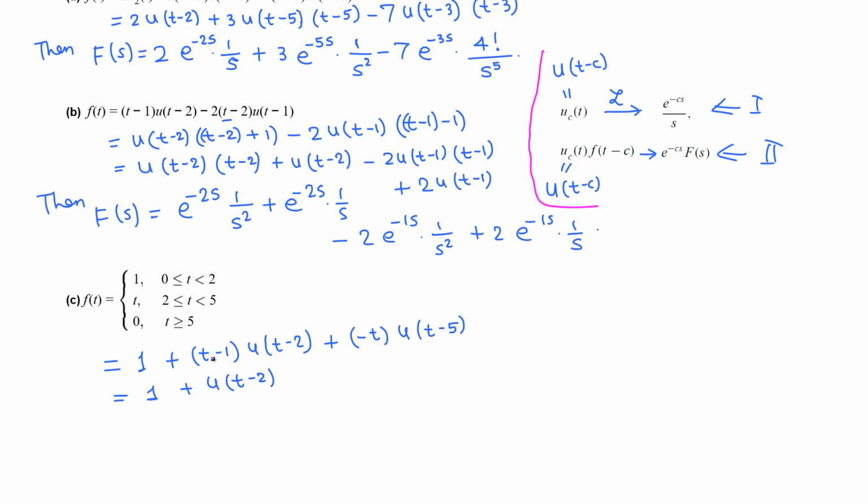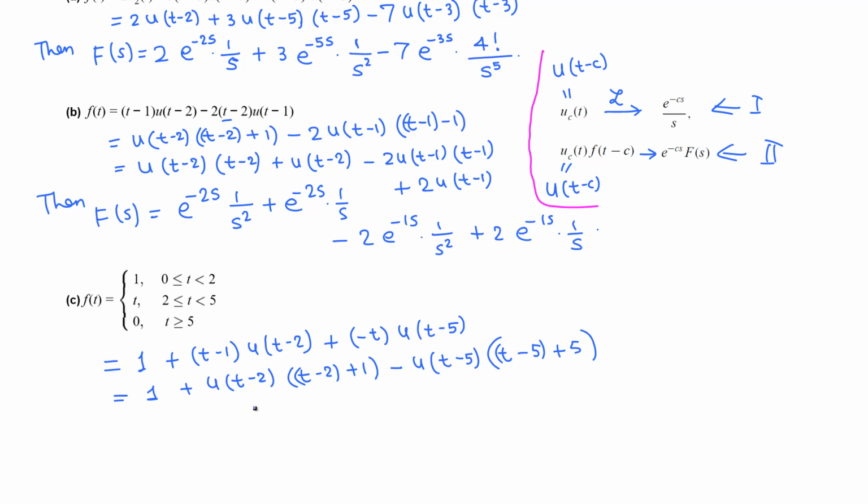Now we need to rewrite t minus 1 in terms of t minus 2, like part B. So t minus 1 is the same as t minus 2 plus 1. And plus minus, this is minus u(t minus 5), unit step function first, then we have just t, but we have to have t minus 5, so minus 5 plus 5 cancel, and basically we have t back, and let's put parentheses around.